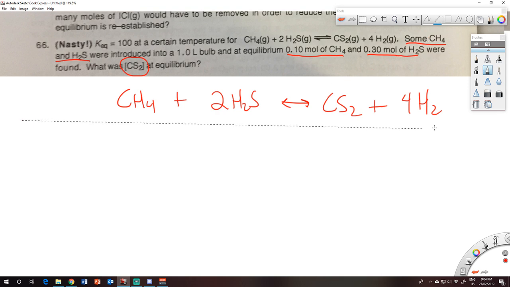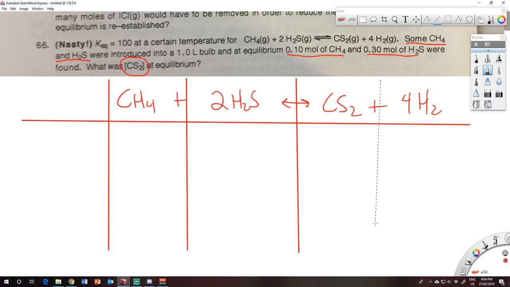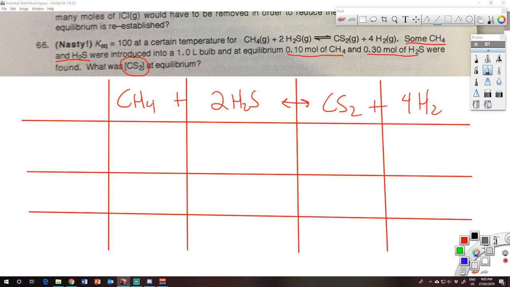I think part of the reason that they mention this is nasty is probably because you're going to end up having to take a fourth root of something. I mean, it's not the end of the world with graphing programs. If you have graphing programs, solving the Keq equations is relatively easy because once you get the equilibrium expression, you can just throw it into Desmos or GeoGebra and solve it that way.